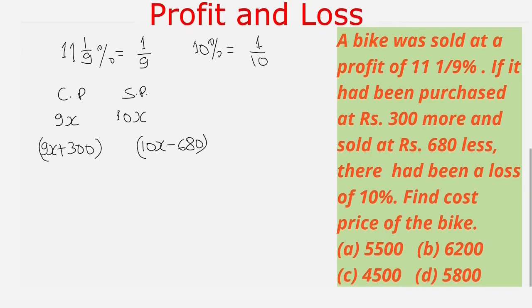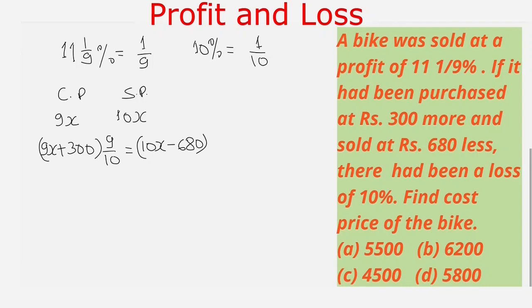And by doing this, there is a loss of 10%. It means that the item which is purchased at 10 is sold at 9. So we multiply the cost price by 9/10, then we will get our selling price. So 9x plus 300 multiplied by 9/10 is equal to selling price 10x minus 680.